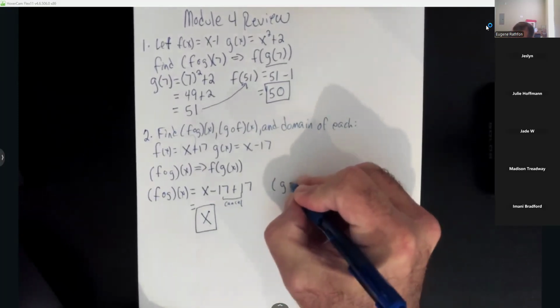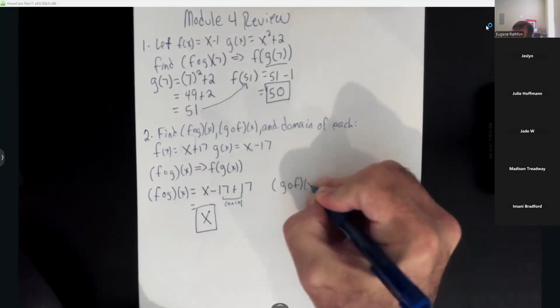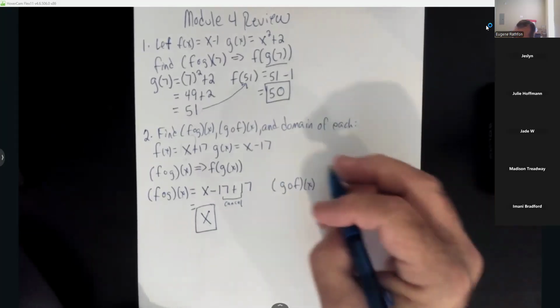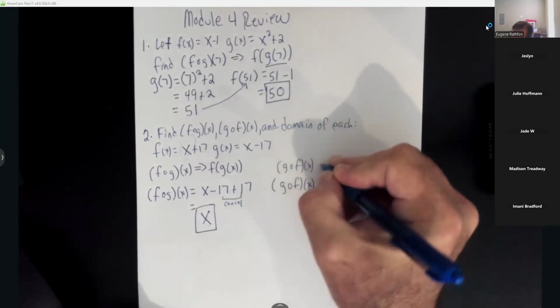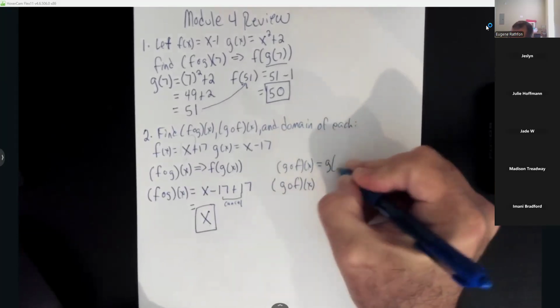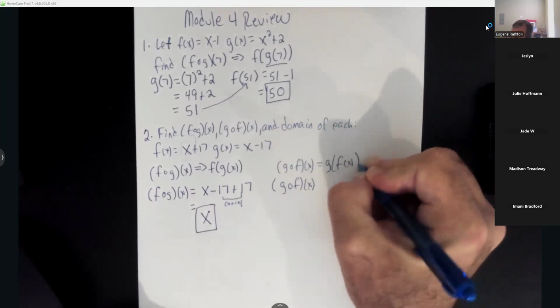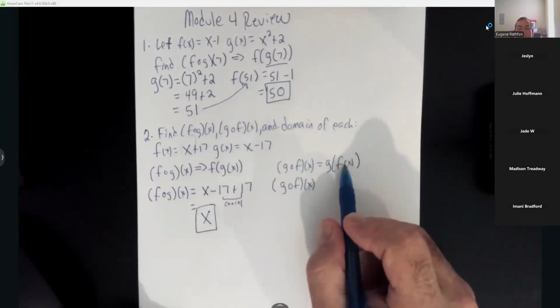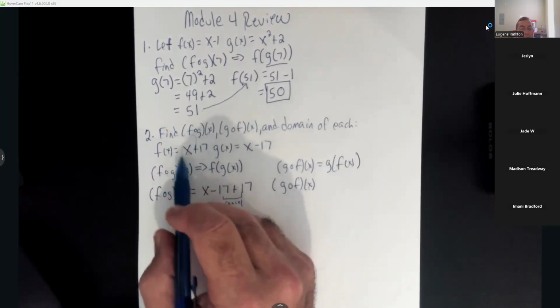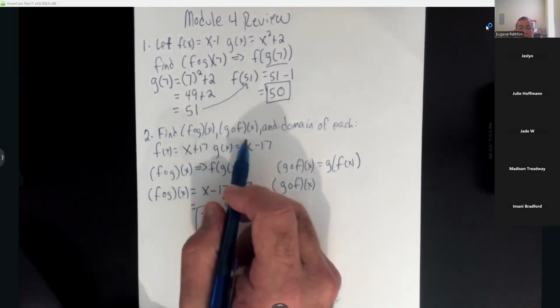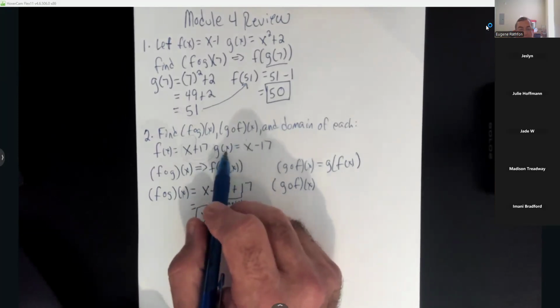So let's do g composed f of x. Now remember, g composed f of x is really g of f of x. So this time we're taking the f of x, which is x plus 17. We're going to take the x plus 17 and put it into the x for the g.